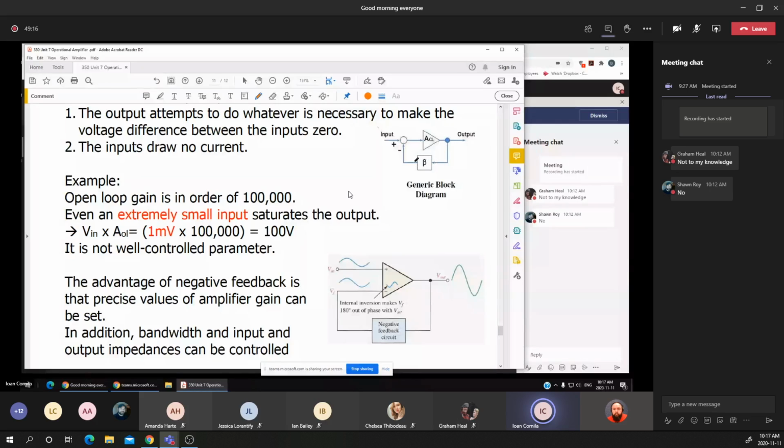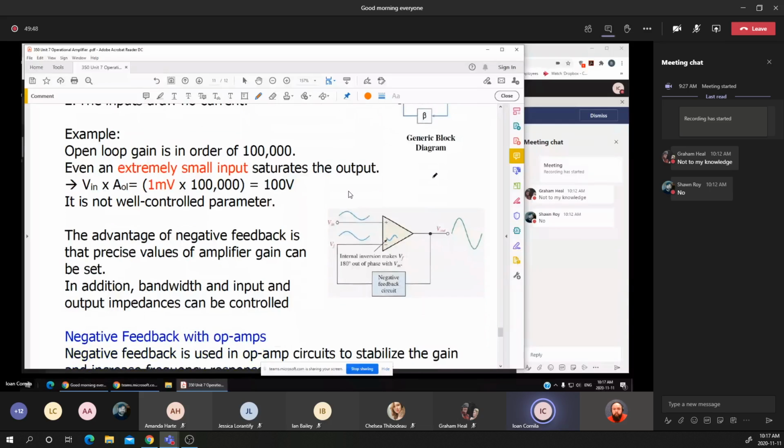That's the beta, like a resistive network, for example. A portion of the output signal is returned to the input. And now we have a differentiator. We have the difference between the two signals, the output signal and the input signal, which are 180 degrees out of phase.